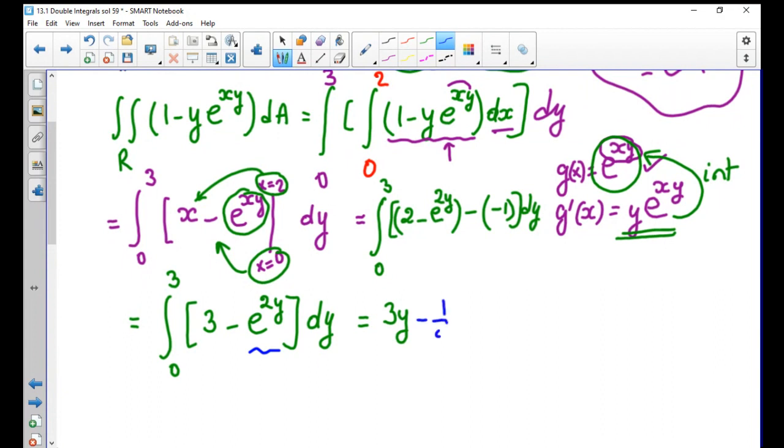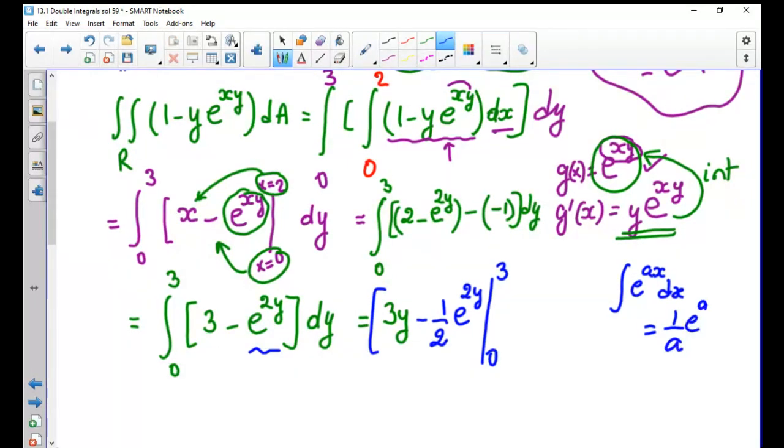Yes, thank you. So half of e to y from 0 to 3. In general, by the way, the integral of e^(ax) dx is 1 over a e^(ax), plus a constant. These are some rules of integration.